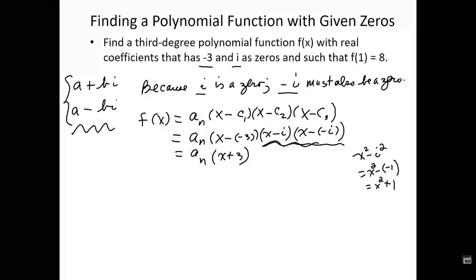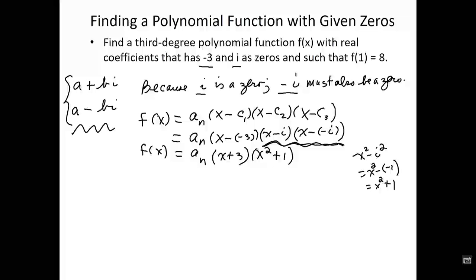So upon multiplying x minus i times x minus (-i), we get x squared plus 1. So we have f of x is equal to a sub n times x plus 3 times x squared plus 1.